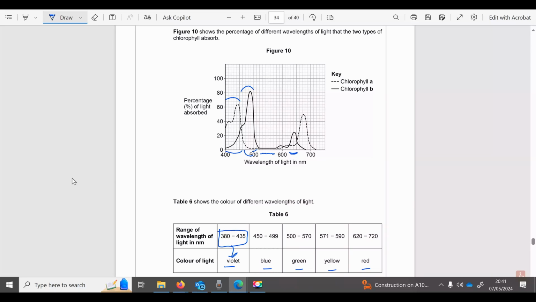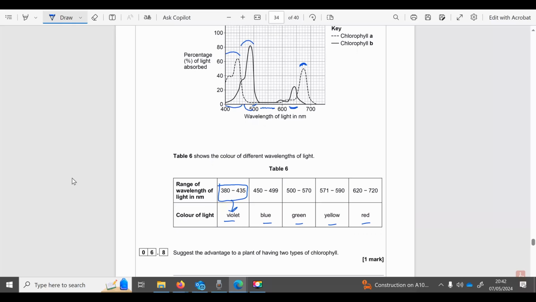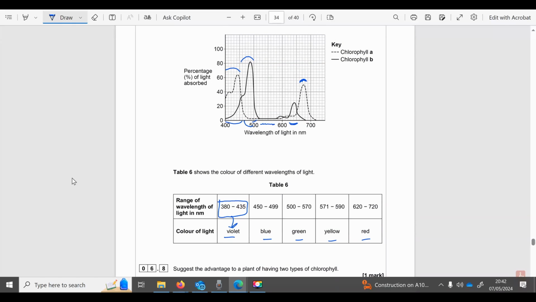And then, just around 650, there is a high amount of chlorophyll B, but a greater amount of chlorophyll A just to the right of it. So what it's telling us essentially is that the times in which chlorophyll A is at its maximum are at a different wavelength of light from when chlorophyll B is at its maximum.